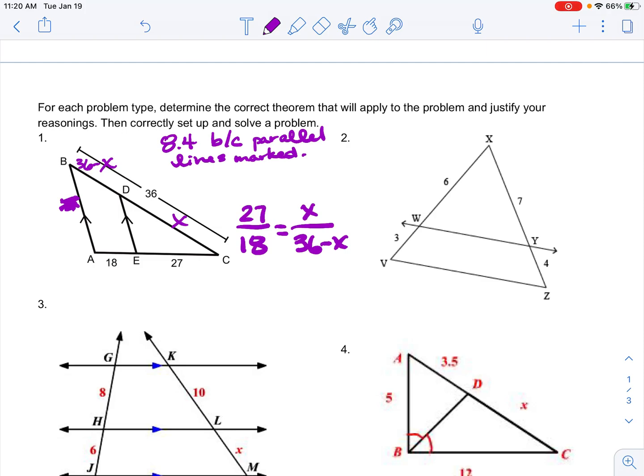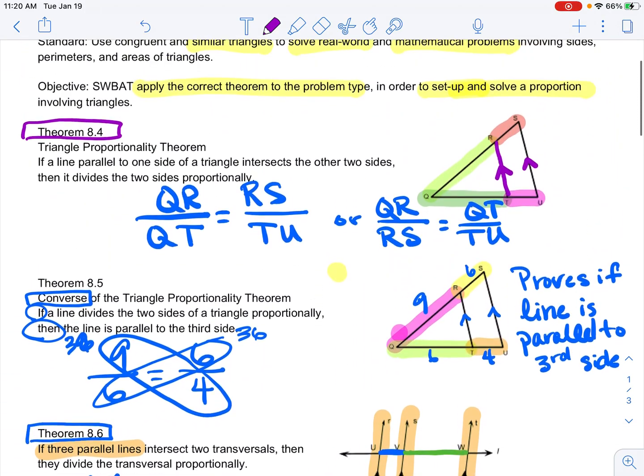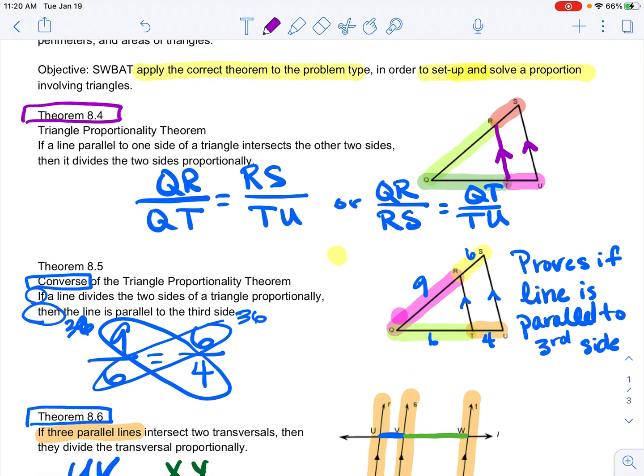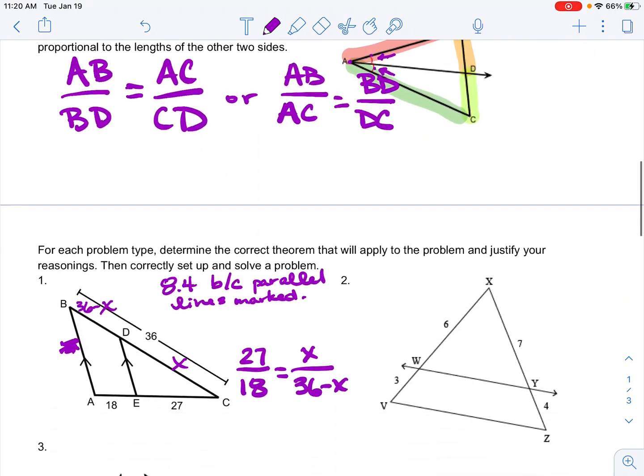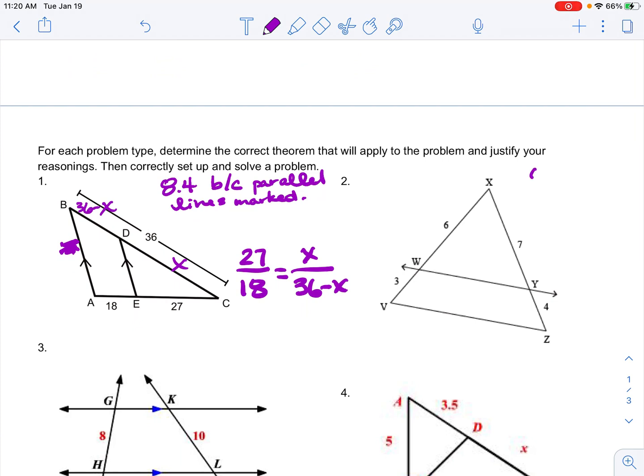Question number 2. Okay, I see a triangle, I see a line, but I don't see that it's marked as being parallel, so I'm going to be using theorem 8.5, and this is where I need to determine if WY is parallel to VZ.